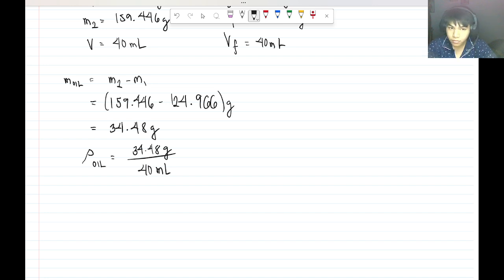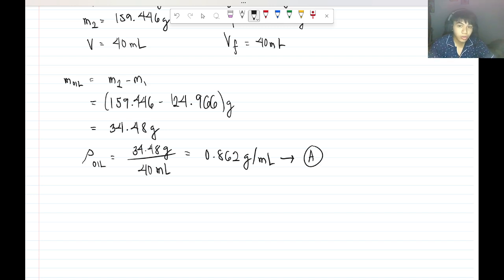And that would be equal to 0.862 grams per milliliter. Okay, so we don't have a hard time, let's just store it to A.